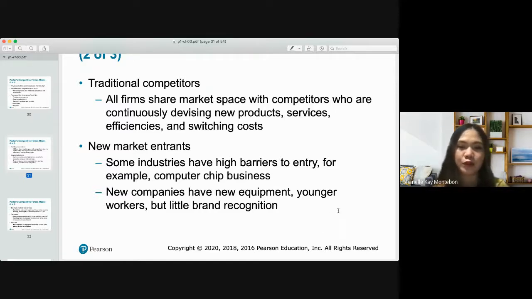New companies have new equipment and younger workers, but they have little brand recognition. They can tell their customers that they can provide better service or better goods because they have new equipment. But they don't have funding, so they rely on external sources to fund this new equipment.